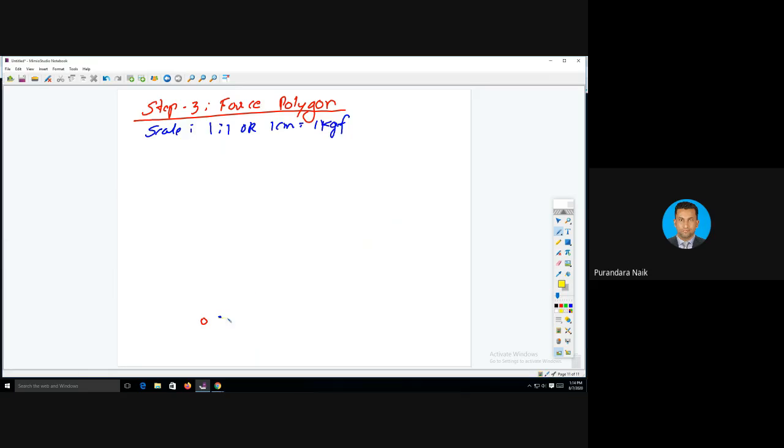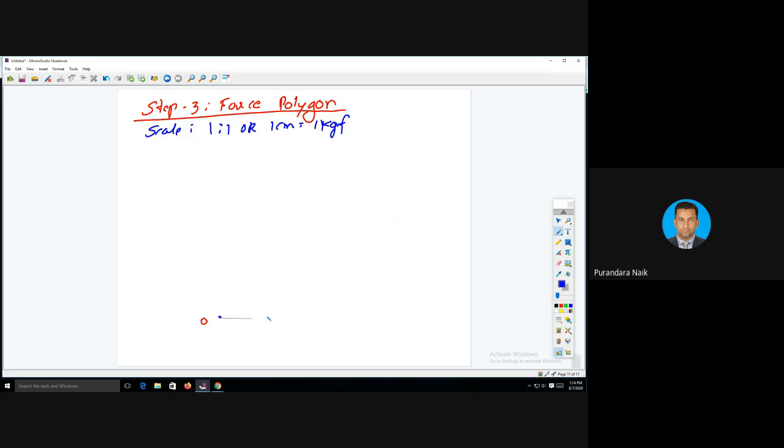Just draw the reference line. Once you draw the reference line, now we need to measure the angle of M1. Angle of M1 is 0, which means it is on the line.